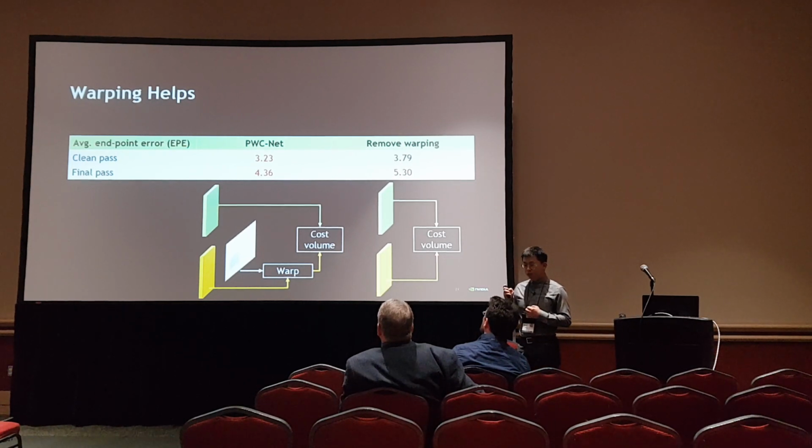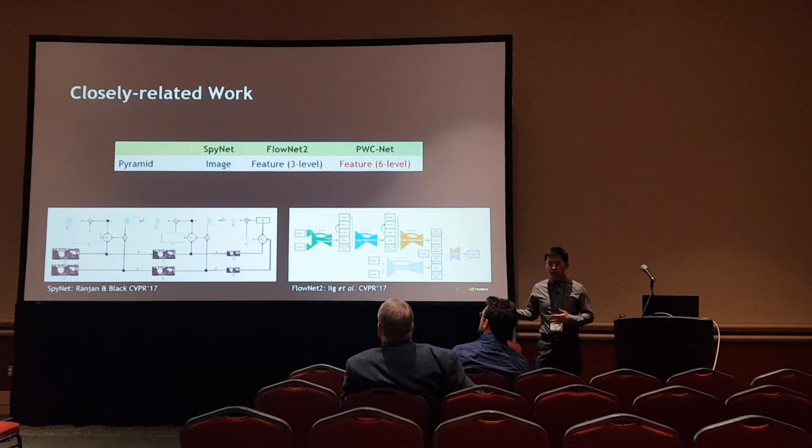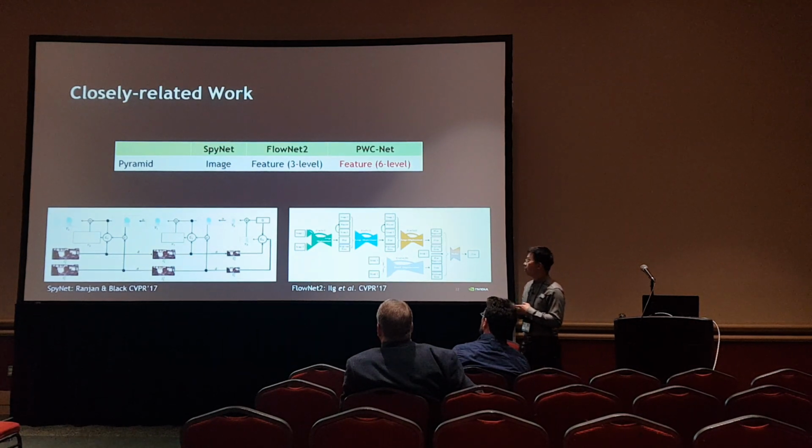And one thing to note is we are not the first to use these principles to build a network. SpyNet and FlowNet 2 use some of the principles. For example, SpyNet constructs the image pyramid. And FlowNet 2 uses a 3-level feature pyramid in the first module of its big network.